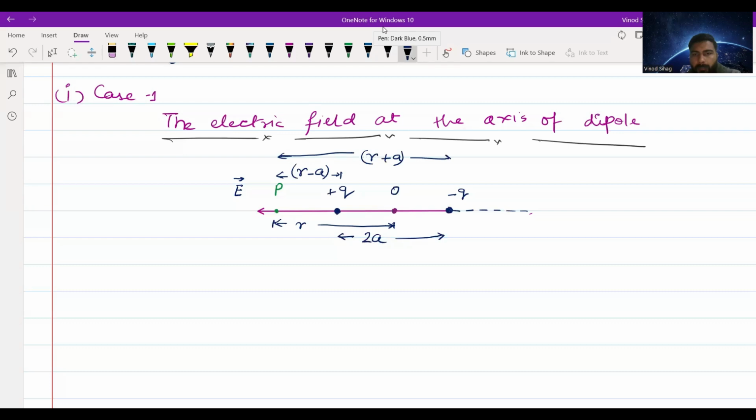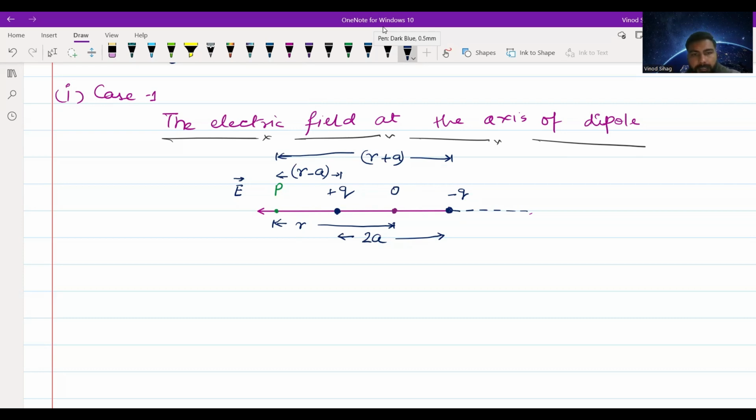As you can see, the distance of any charge, either the positive charge or the negative charge, both are at a distance a from the center.